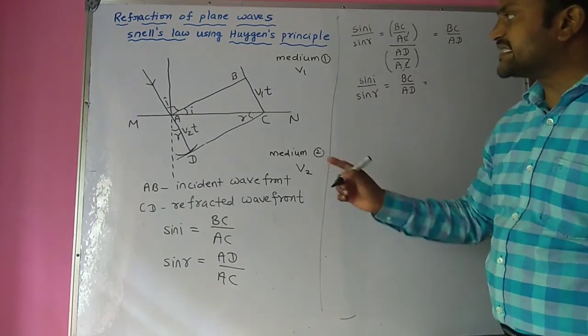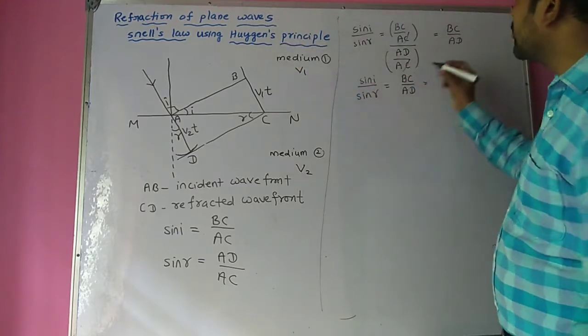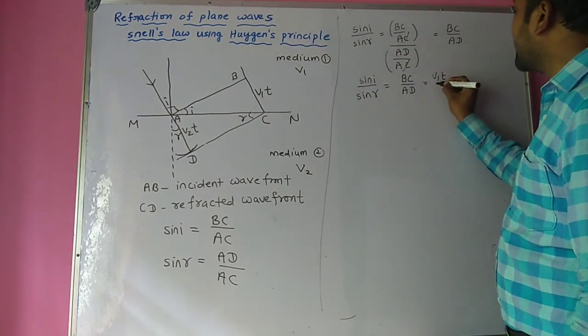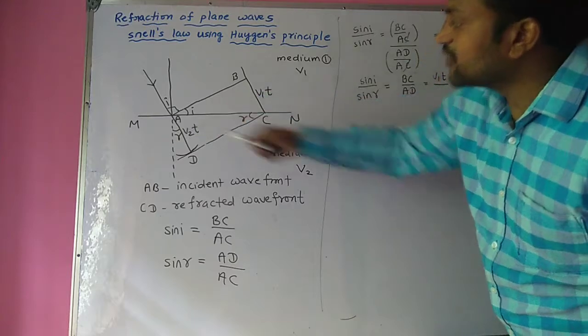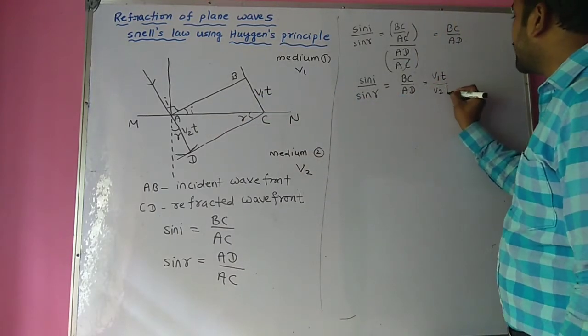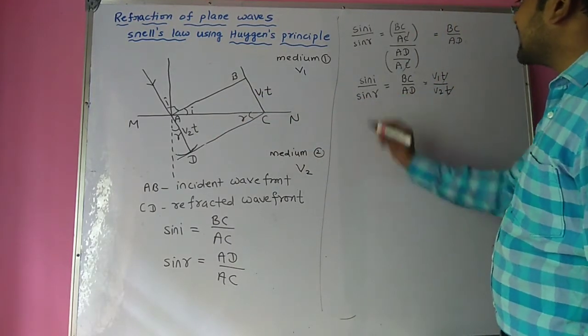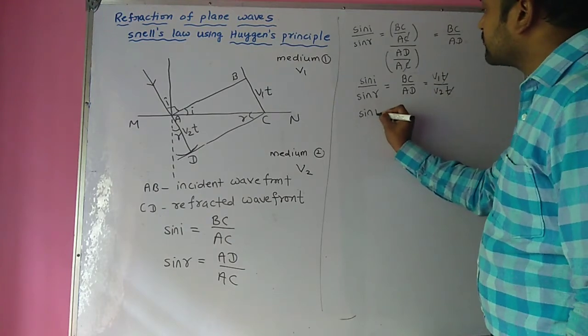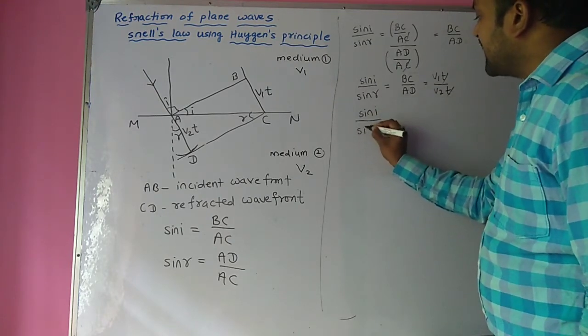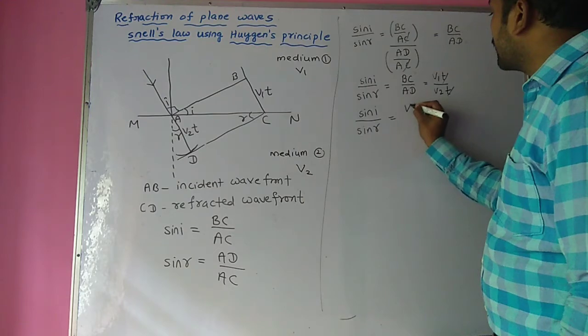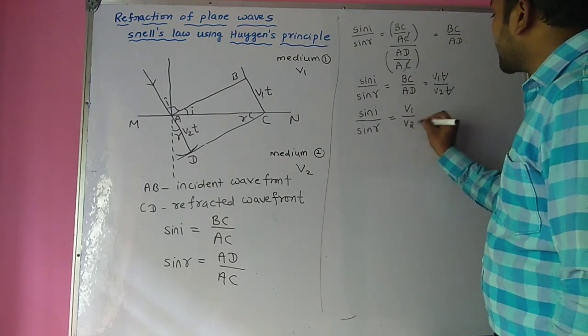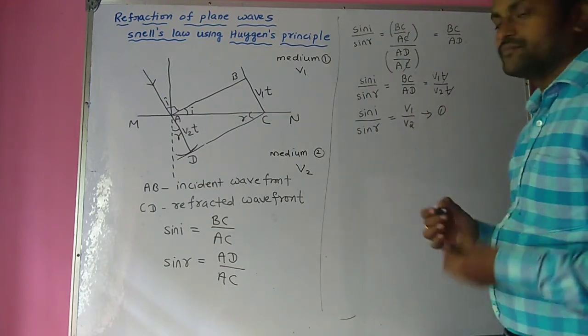We know the values of BC and AD. The BC value is v1 into t and the AD value is v2 into t. t gets cancelled. Finally, sin i by sin r is equal to v1 by v2. Let it be equation 1.